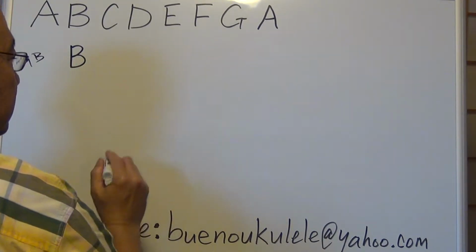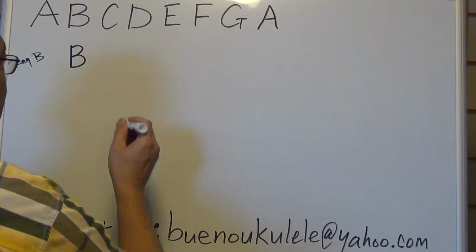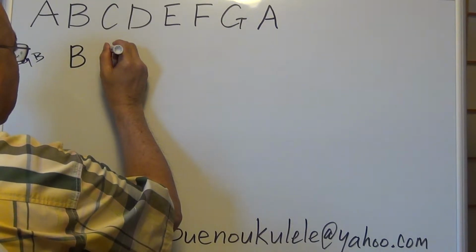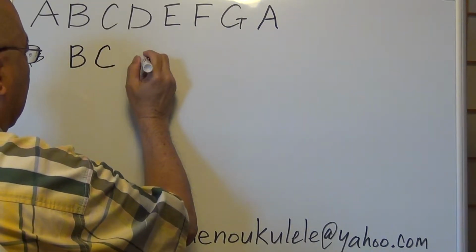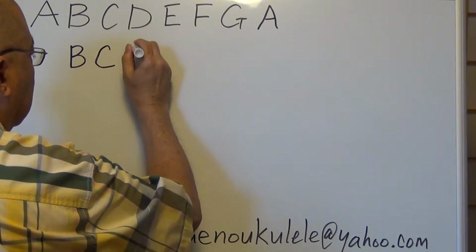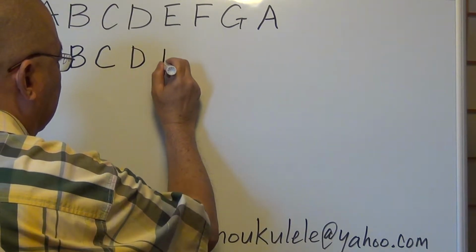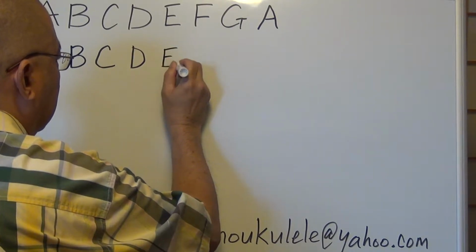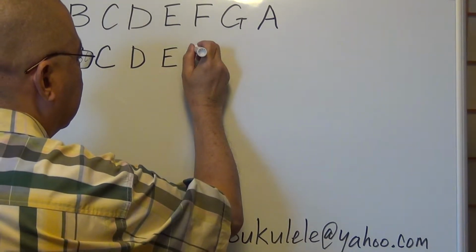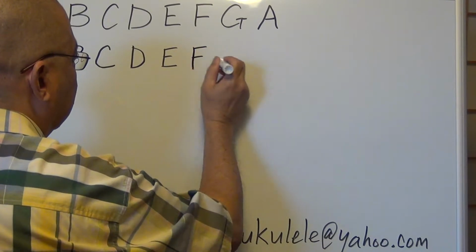Now, number one, it has to follow an alphabetical pattern. Okay. So it's B, C, D. You can see that. What comes after D? E. What comes after E? F. What comes after F?